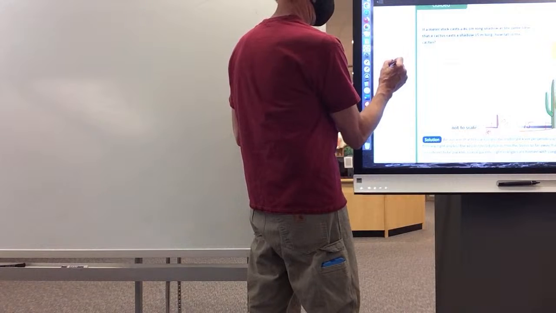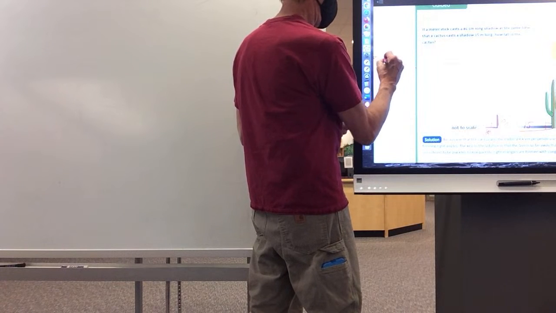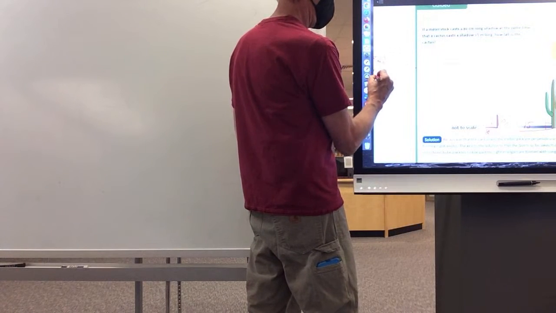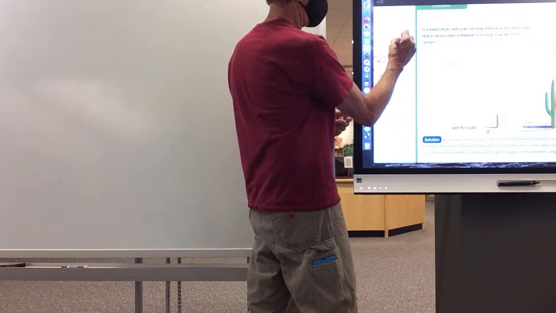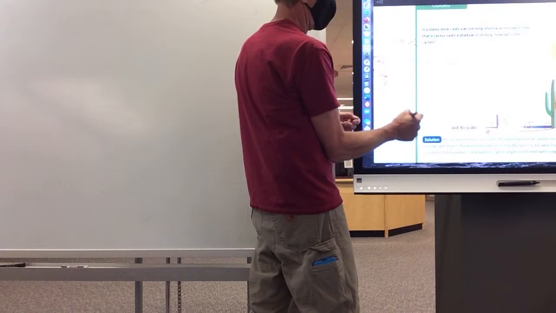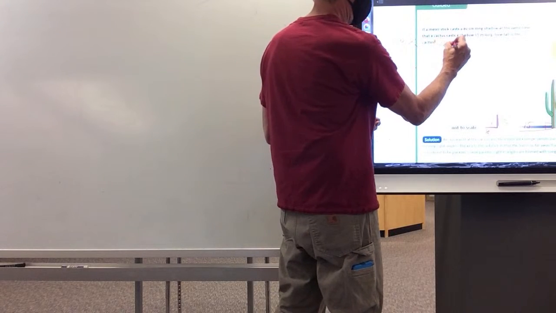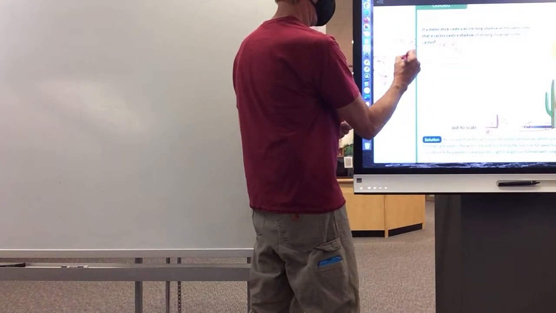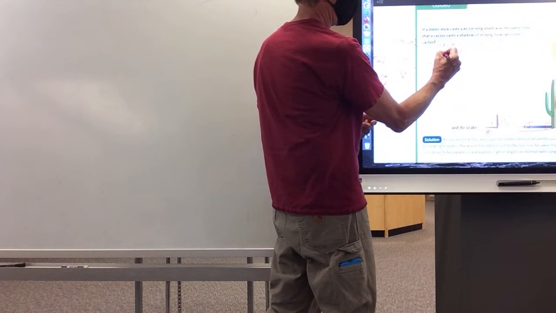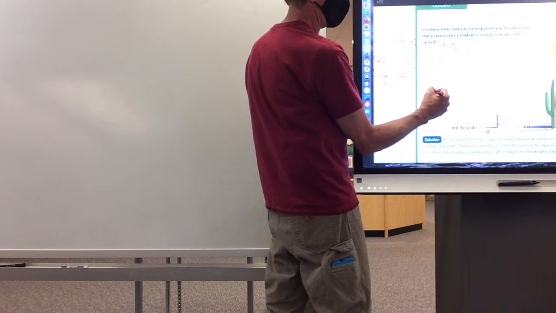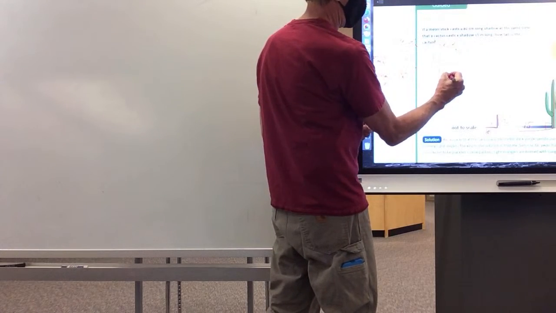Okay. So if this is how tall, and this is how long the shadows are, and this is the stick, and this is the cactus. You said 100 tall and 80 long shadow. The cactus is C and 15.